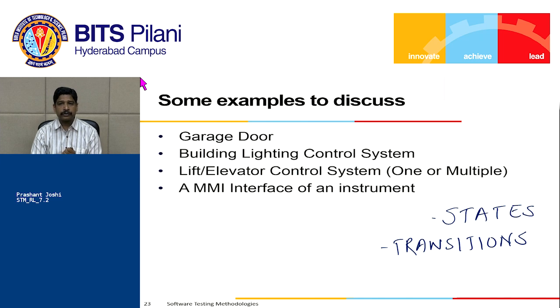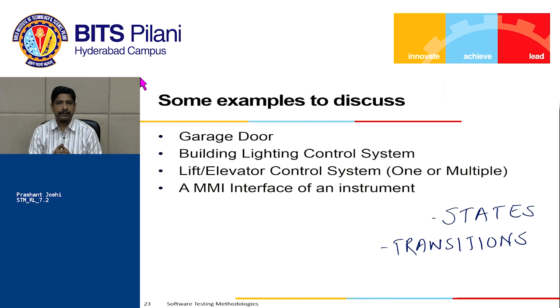Let's look at the garage door. A simple garage door which can be opened or closed at the press of a remote button. There is an RF unit, which is available as a transceiver on the system, as well as one with which the owners of the house can close or open the door.